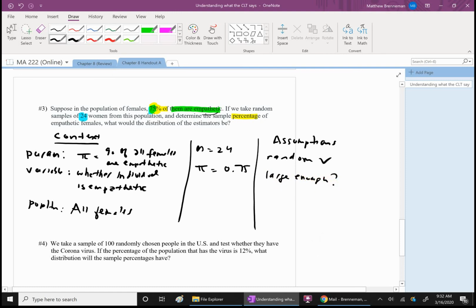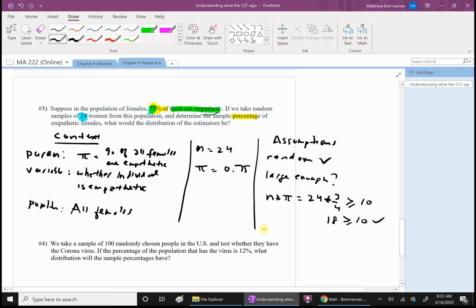Well, in order to be large enough, n times pi, which in this case is 24 times 75%, which is 3/4, so 24 times 3/4 has to be greater than or equal to 10. If we look at this, 4 goes into 24 six times, so we have 18. So 18 is greater than or equal to 10, so we're okay.